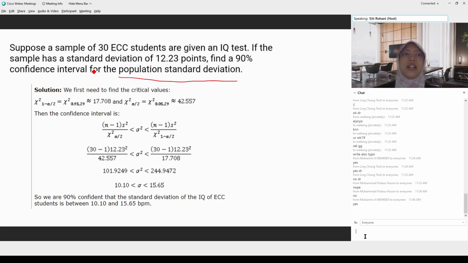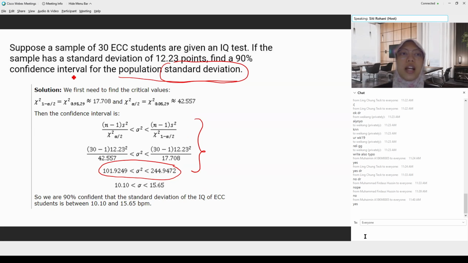So remember, for the confidence interval, if they want you to find the population standard deviation, you do the steps like normally what you did for the confidence interval for the variance. And here you will get the confidence interval for the variance.